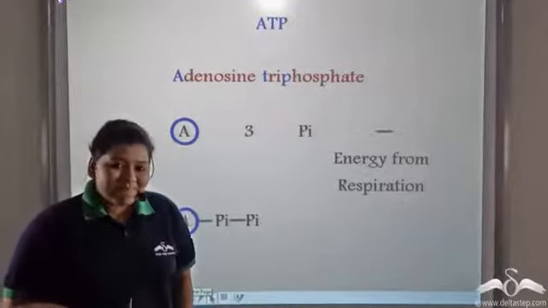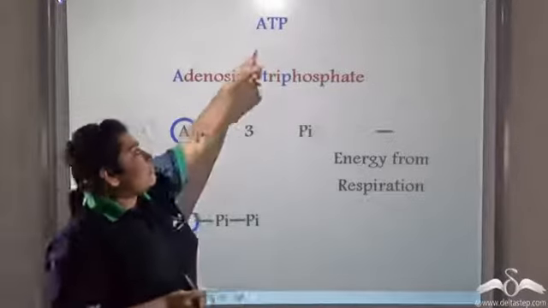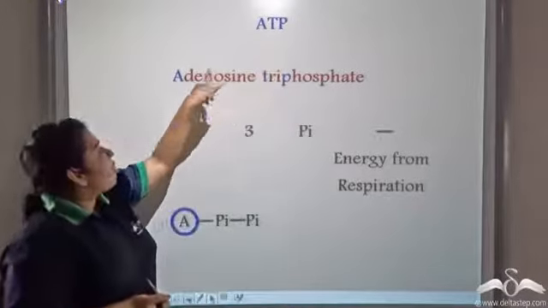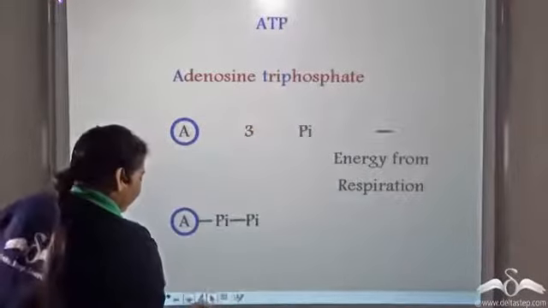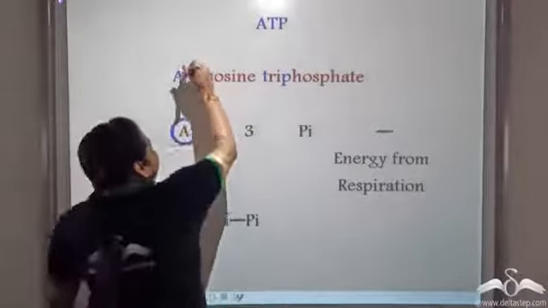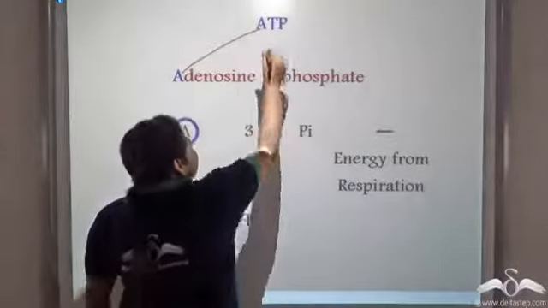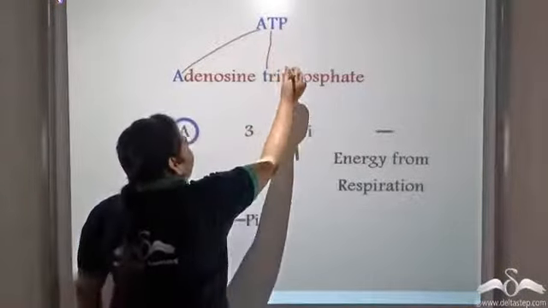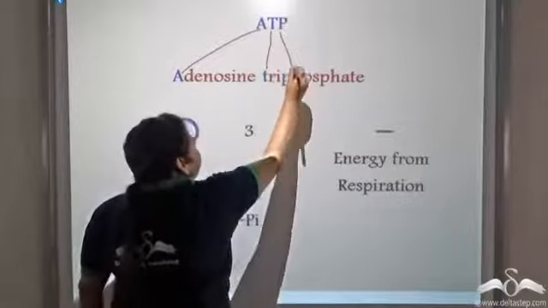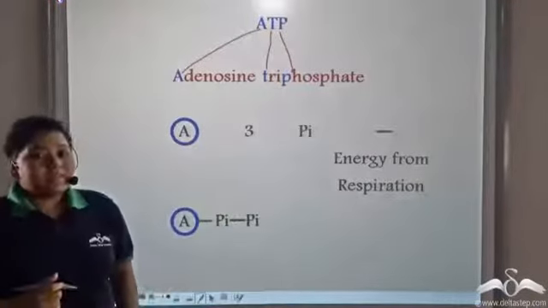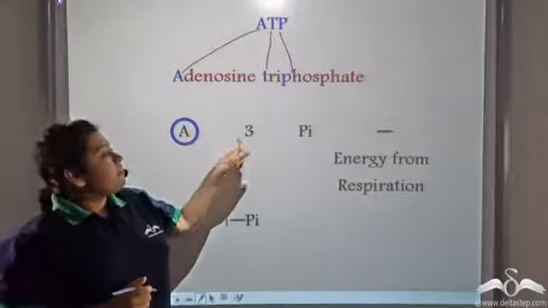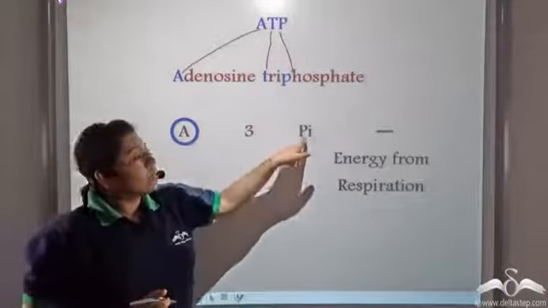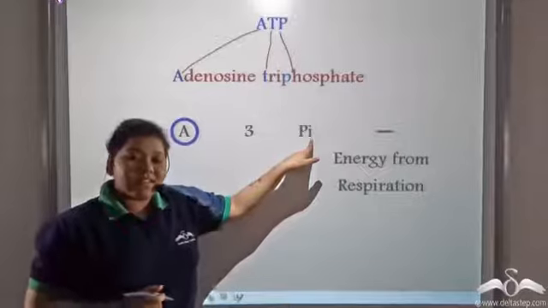Now, what is ATP? Well, ATP is the short form of adenosine triphosphate. A comes from adenosine, T comes from tri, and finally P comes from phosphate. So, adenosine is bound by 3 molecules of inorganic phosphate.